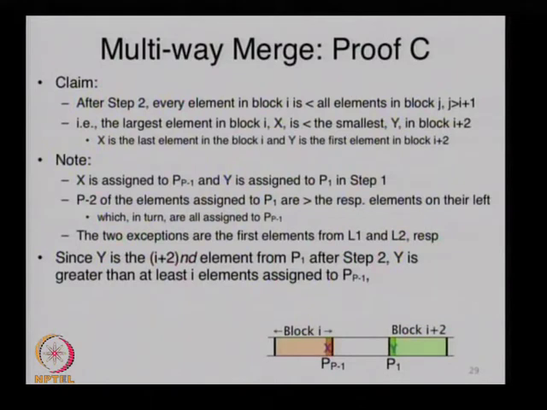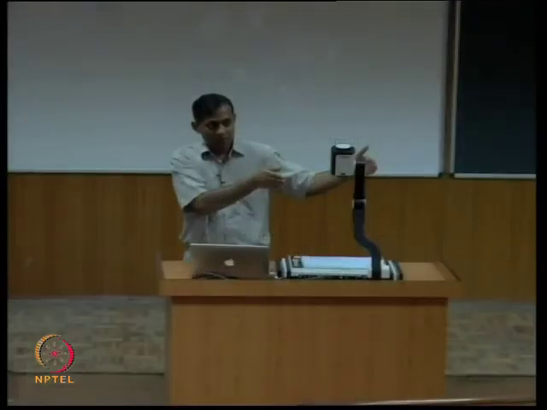Because every time you assign something to P0, there is a P15 to its left, and there are 14 of them. There is one pair missing.